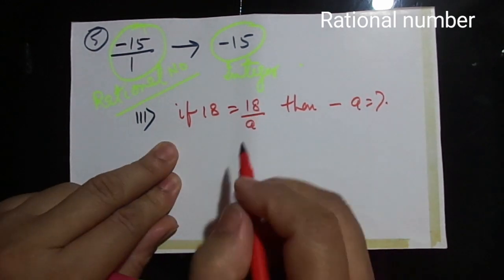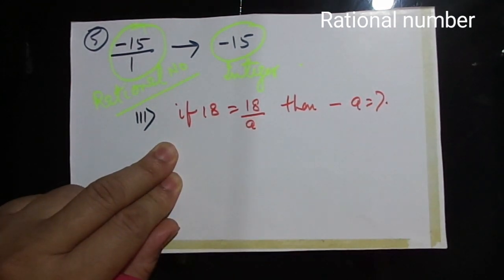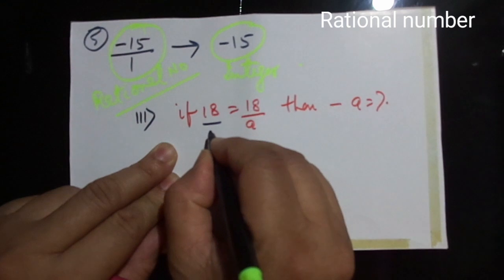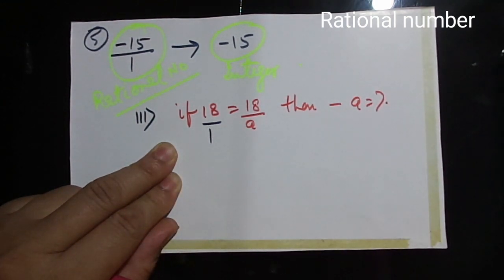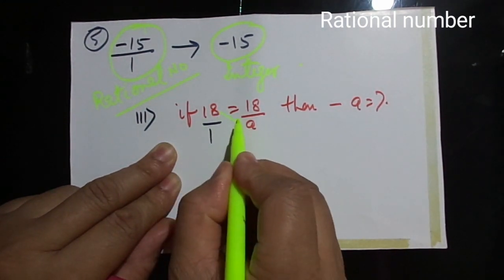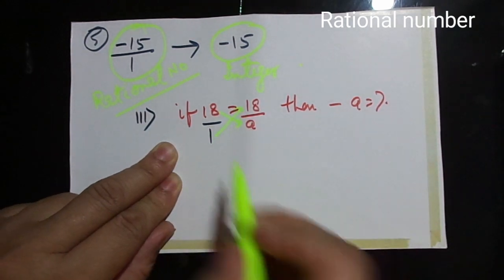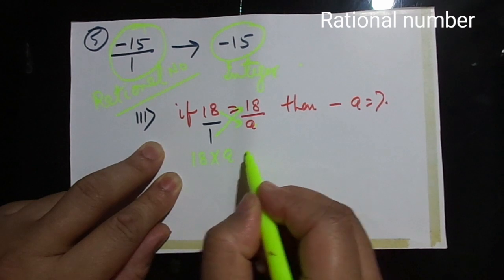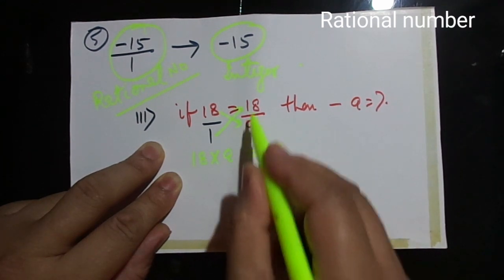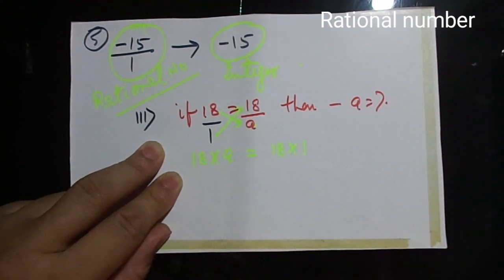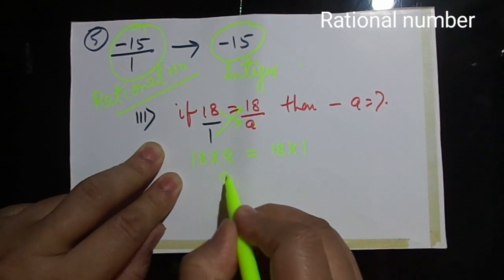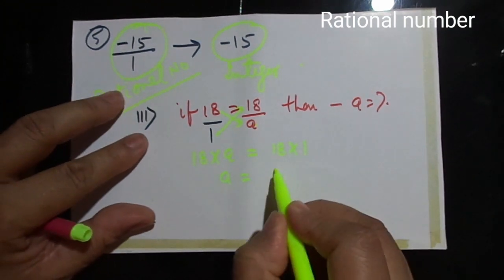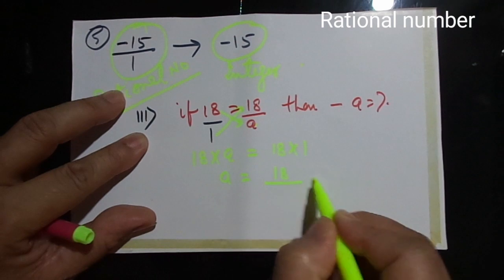So here let's cross multiply it. 18 means 18 by 1, and when we cross multiply, we get 18 times a is equal to 18 multiplied by 1. So a will be equal to 18 divided by 18.